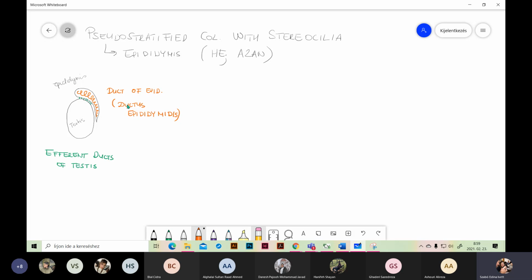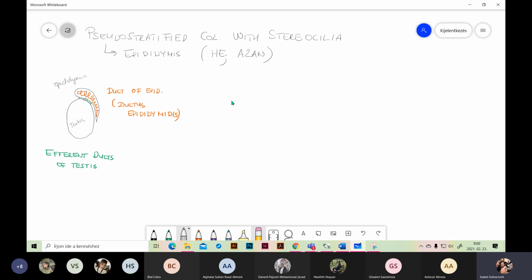I have to tell you this because we have different slides. One slide is taken from here. This slide is stained by hematoxylin eosin, which shows the head of the epididymis. In this slide, you will find two types of ducts, the efferent ducts of testis and the duct of epididymis.